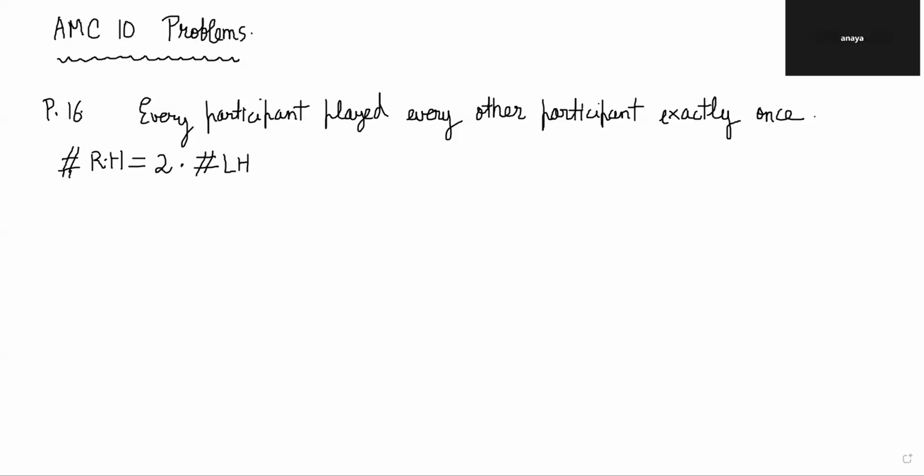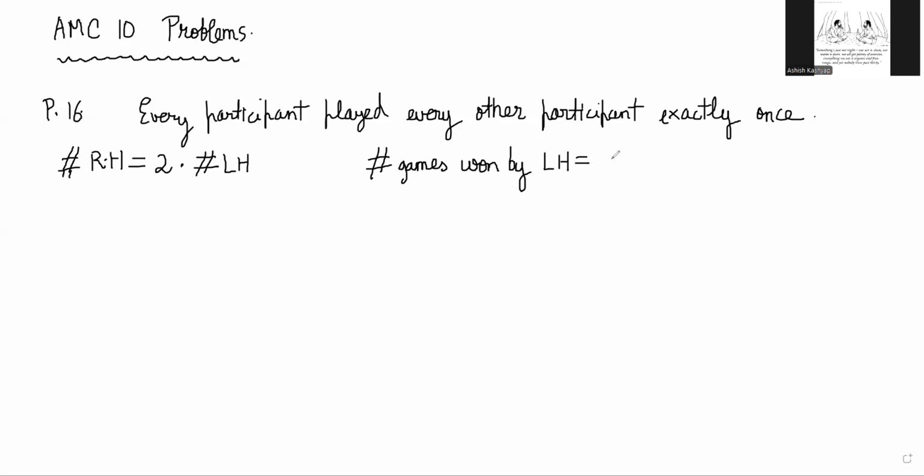And the number of games won by left-handed players is 40% more than the number of games won by right-handed players. There were no ties and no ambidextrous players, so no person can play with both hands. What is the total number of games?